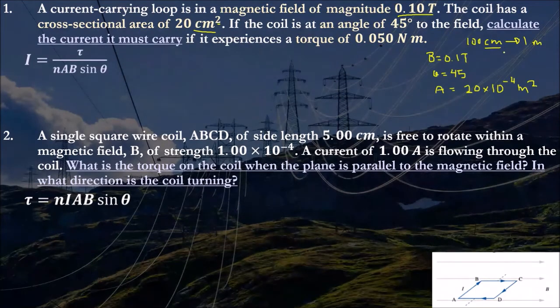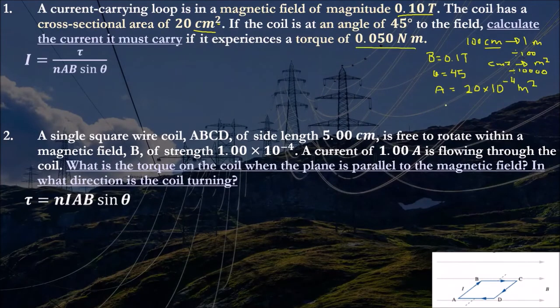To do that conversion from centimeters to meters, it's divided by 100. If it's now centimeters squared to meters squared, then you have to use the squared amount of that. So it would need to be divided by 10,000, which is where we get this number from.